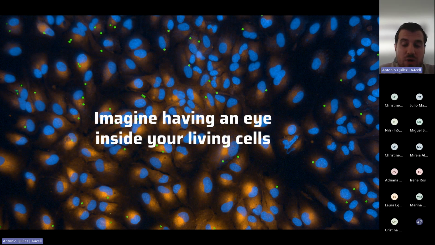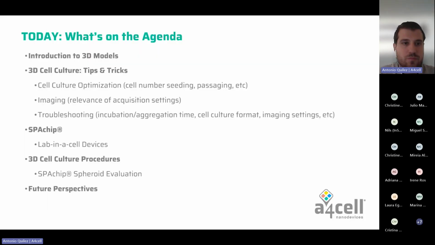Otherwise, that's why we're here, so we can get an overview about different topics, and then I'll show you some data about our work in the lab on how to implement this in your current routine workflows.